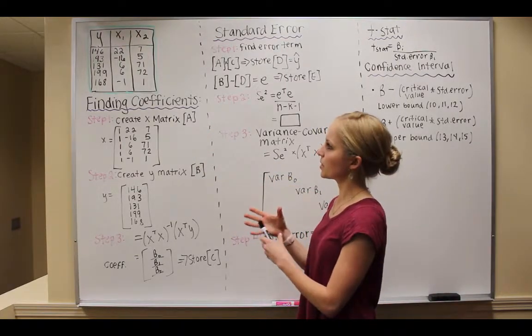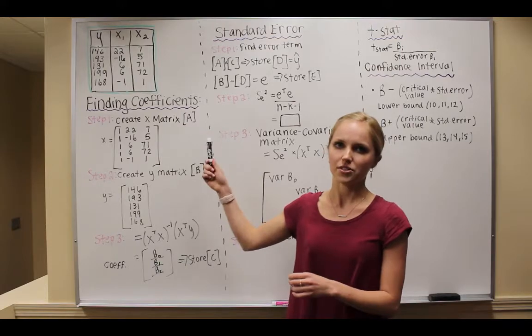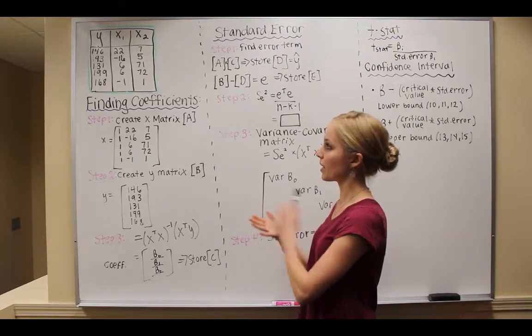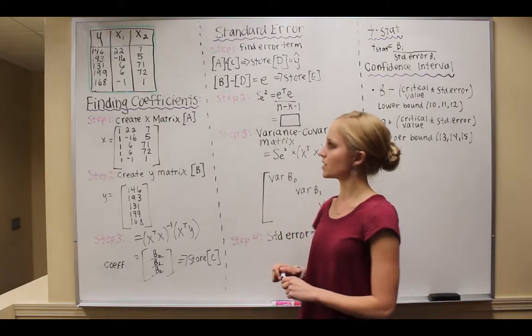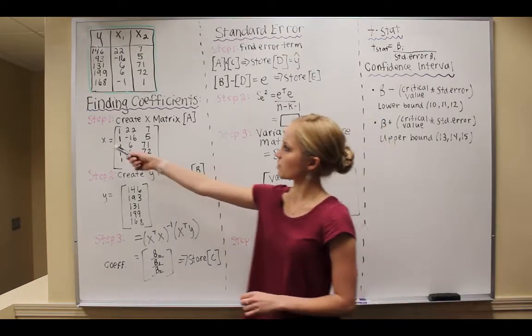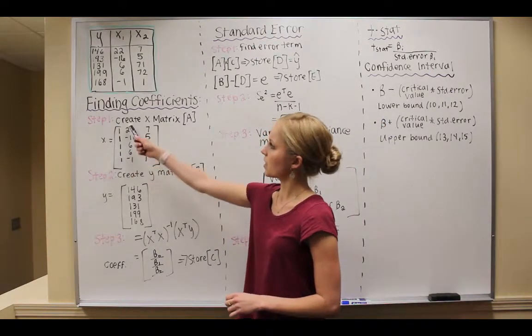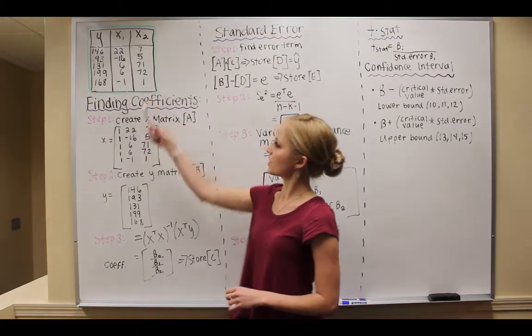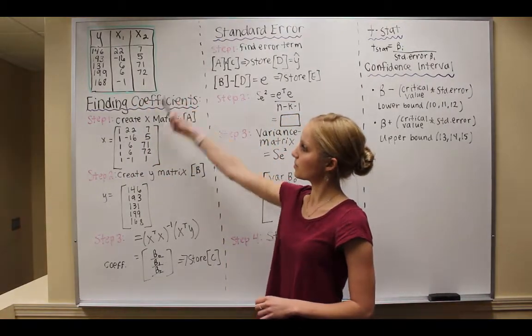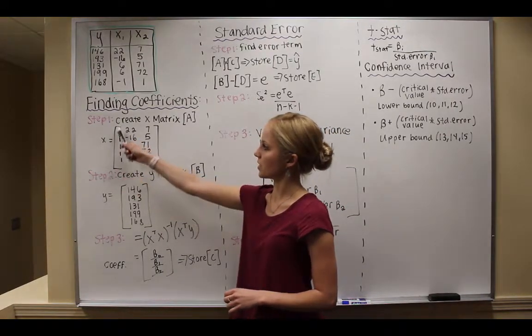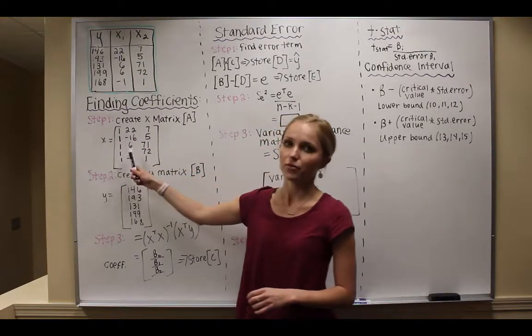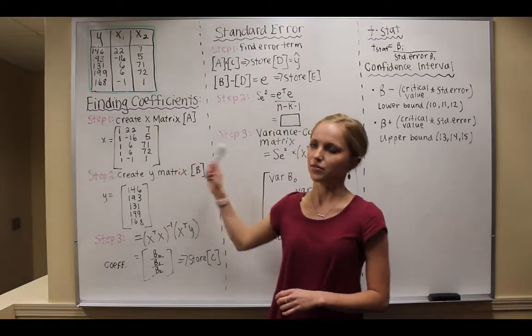The first step will be to create an X matrix, and it's helpful to write out the X matrix before you enter it into the calculator. The X matrix is equal to the values for your x1, the values for your x2, and a column of ones that you'll be including before these x1 and x2 values.